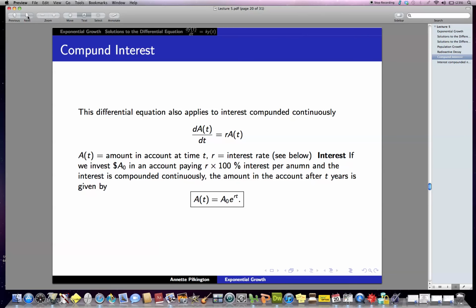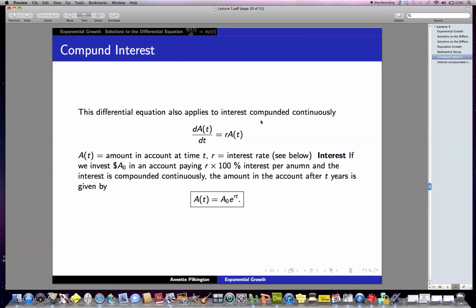We can also use exponential growth for interest, which is compounded continuously. So the amount in an account at time t is A of t, and this varies according to the rate of interest. And so if the rate of interest is r times 100% per year, then the amount is changing at a rate, the derivative is r times A of t.